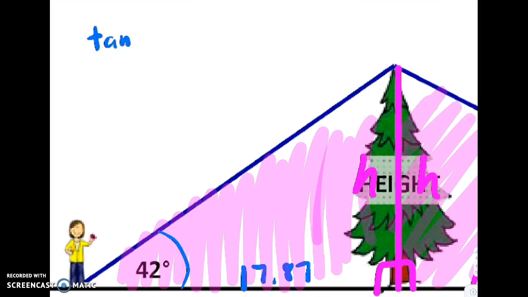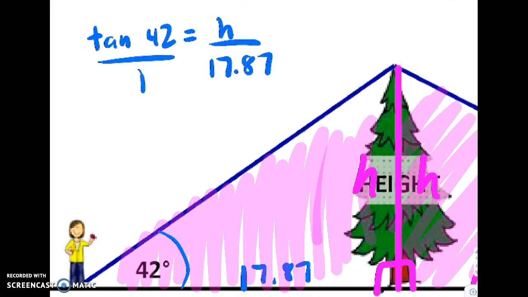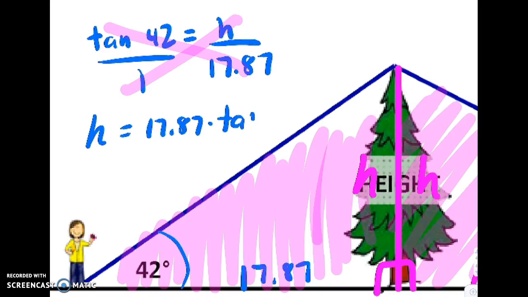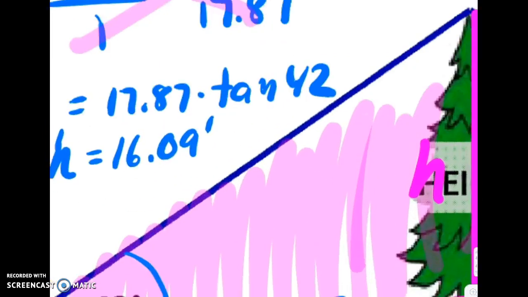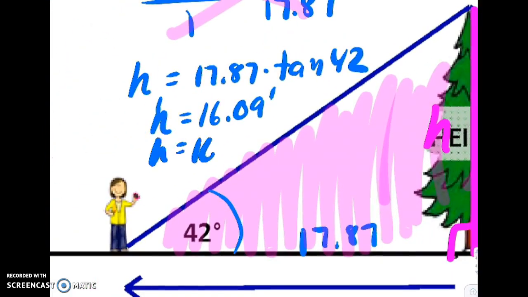So now it's going to go back to tangent of 42 equals h over 17.87. That gives 16.09 feet, and the problem said to the nearest foot, in this particular case, 16 feet.